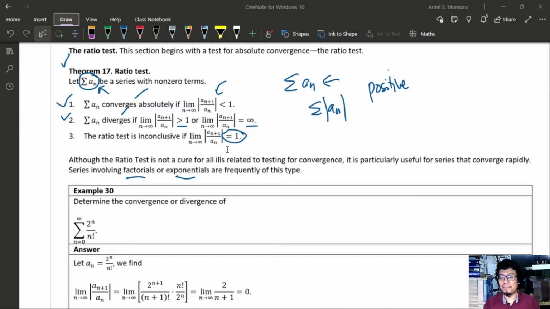The upper rank of our tests would be dedicated to those that have special forms, for example, geometric series and alternating series. Those would occupy the top tier of our tests.